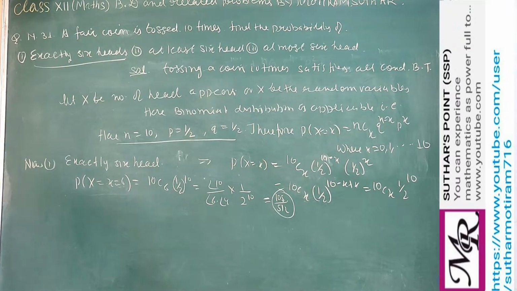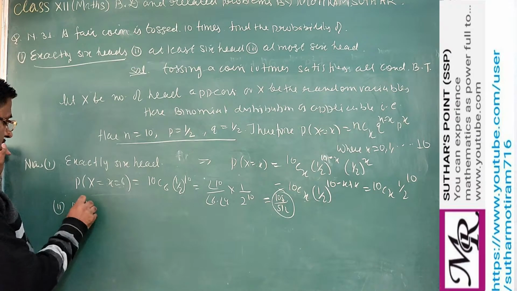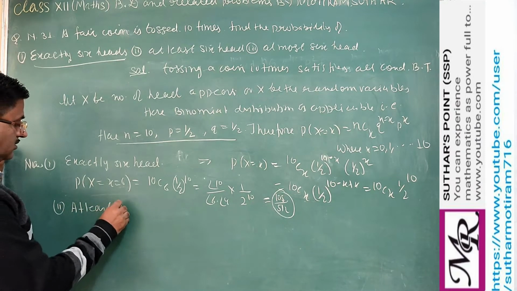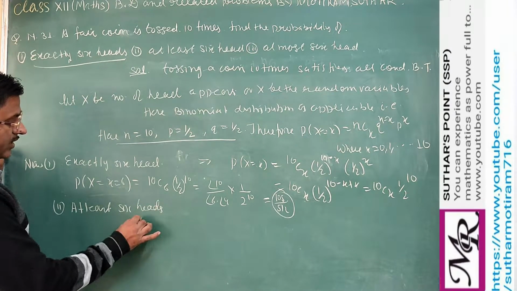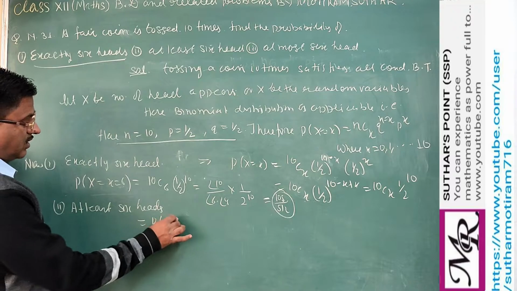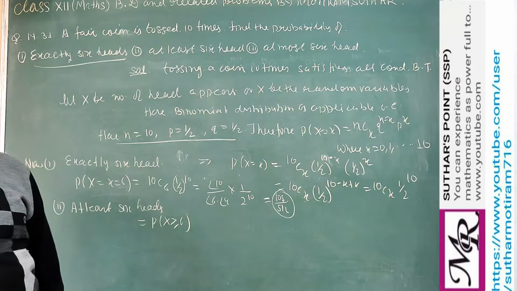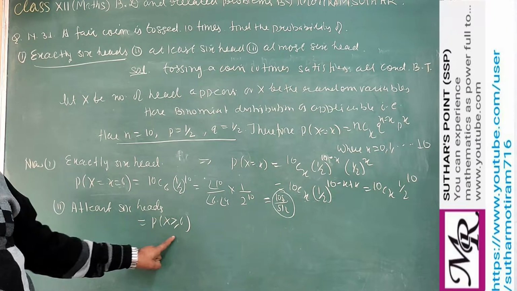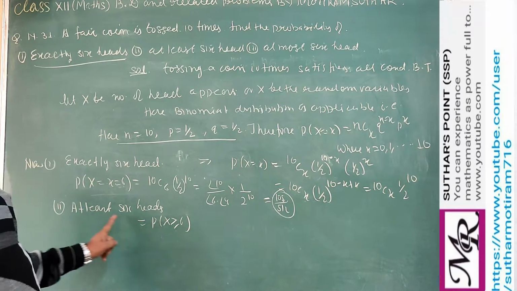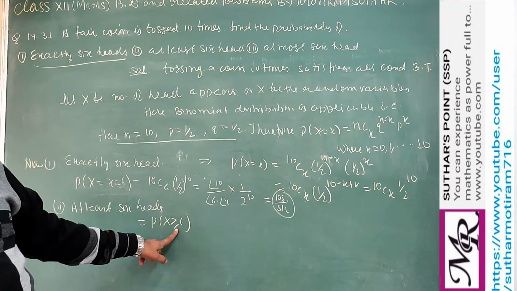Now second, at least 6. So the probability of getting at least 6, कम से कम 6. P(X ≥ 6). This is the at least 6. This symbol is also very important. Whenever at least is given, you always have to use the greater than or equal to sign.